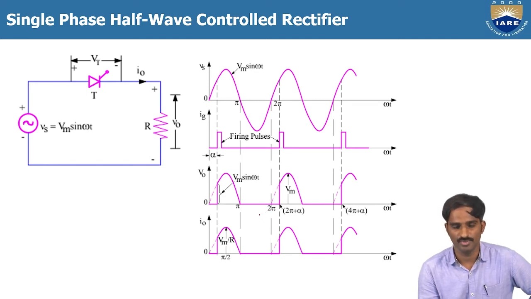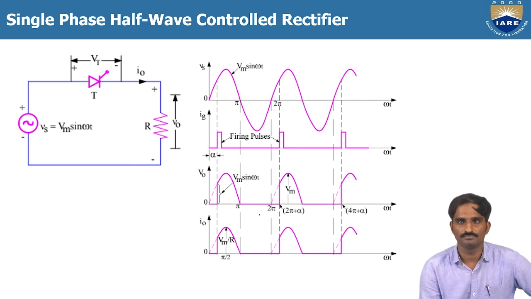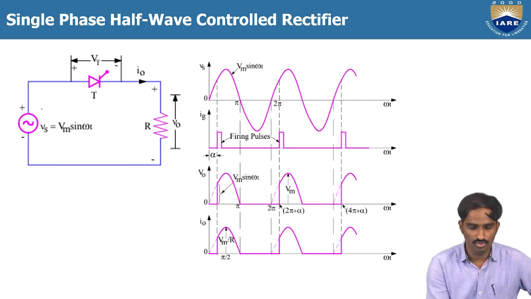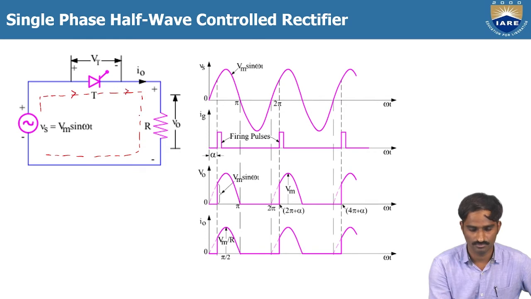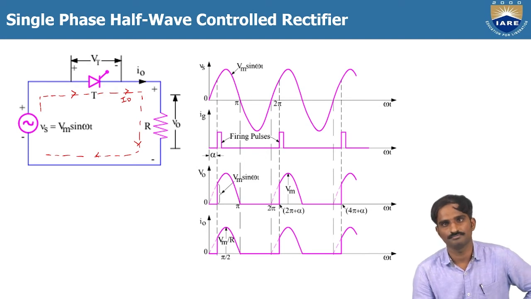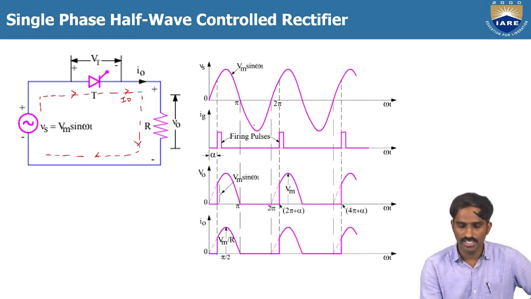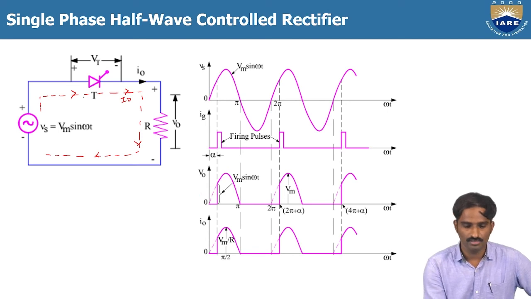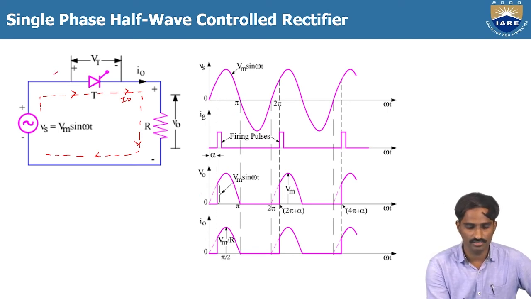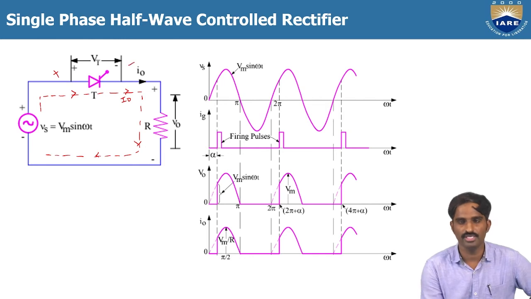This is how the operation works. During the positive half cycle, the load current I naught will flow in this direction. During the positive half cycle the anode is positive with respect to the cathode.